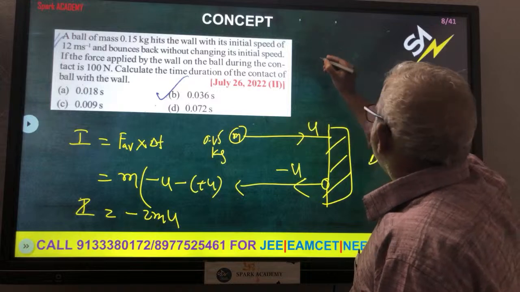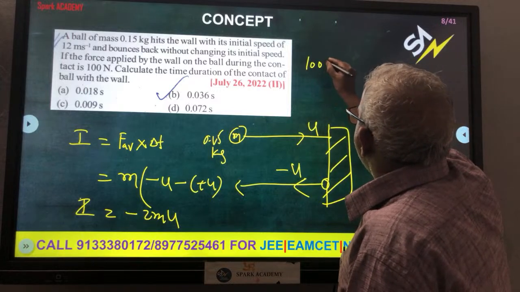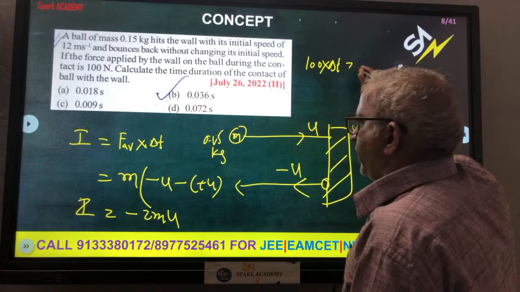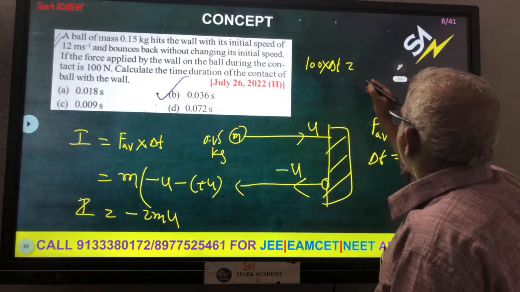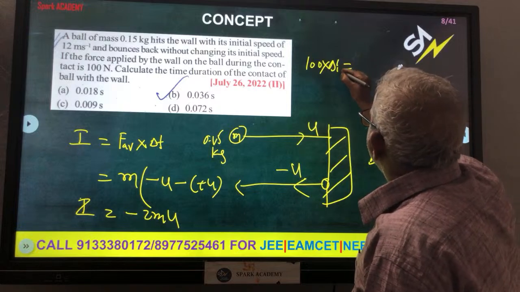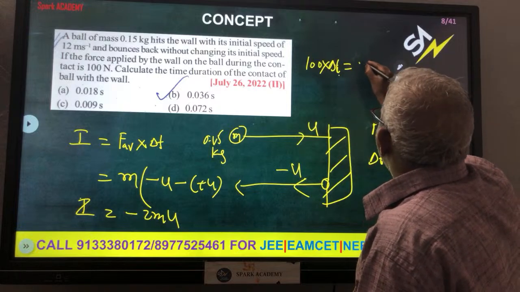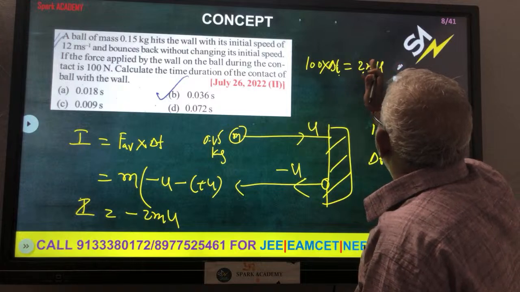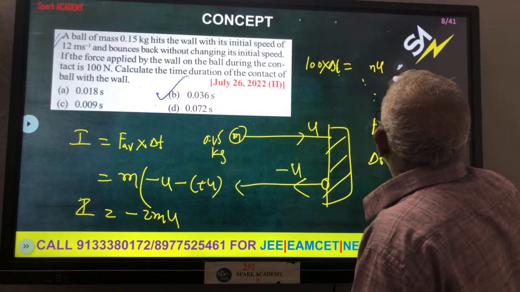The average force is 100, so 100 into delta T should be equal to the magnitude, which is 2 mu. The magnitude of the impulse exerted by the ball we are taking.